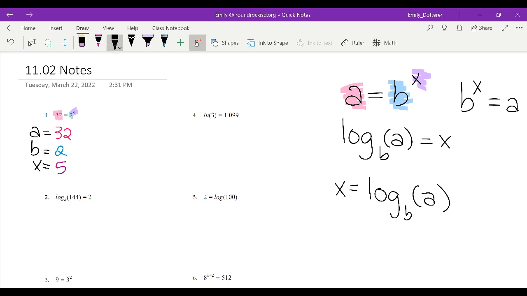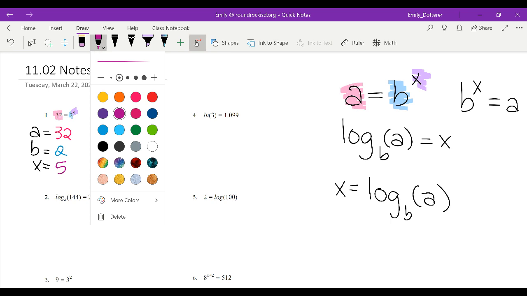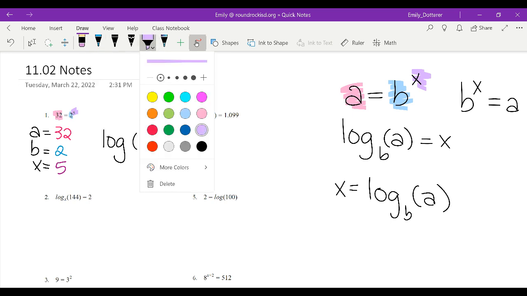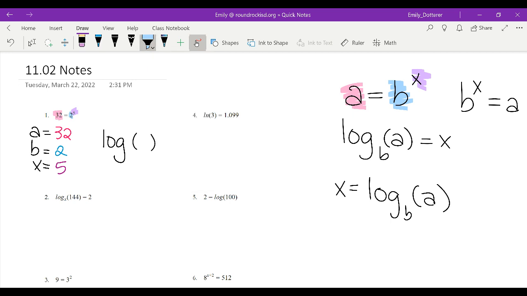Now, when we go to a logarithm, we're always going to have the word log. And depending on exactly what we've got, we'll just have different numbers or symbols in there. So b is our base. It's our little subscript.